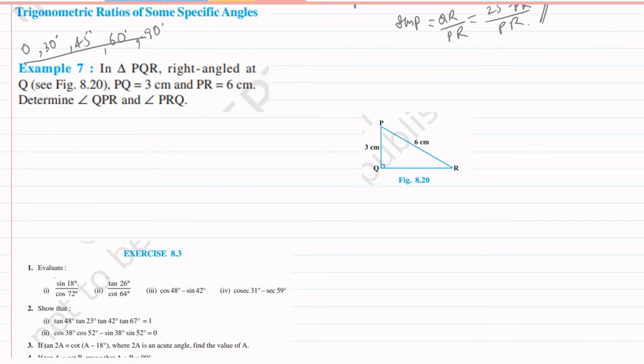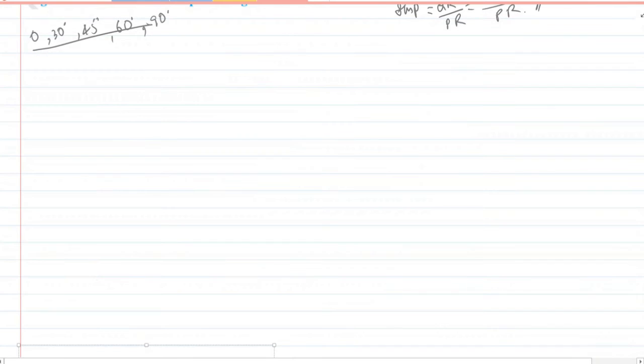So just do it. See, find trigonometric ratios of specific angles. I'll say sine, cos, tan. This is cos and this is sine. These are 0 degree, these are 30 degree, these are 45 degree, this is 60 degree and this is 90 degree.